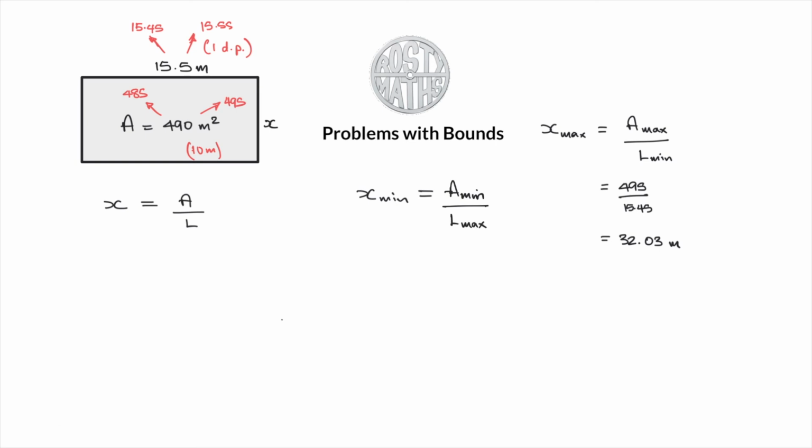I need the biggest number at the bottom. So my minimum area is 485 there, and the biggest possible length is 15.55 here. Let's see what that gives us. So this gives us a grand total of 31.19 meters to two decimal places.